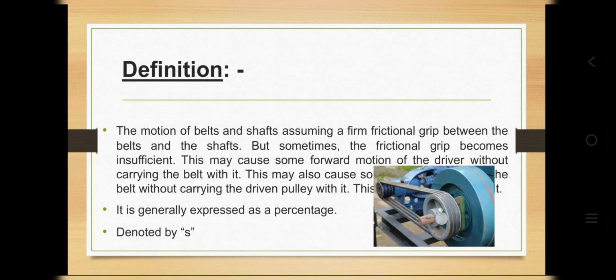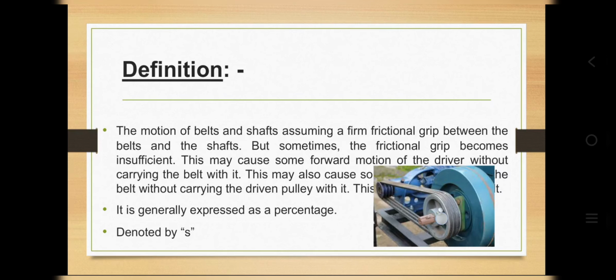The motion of belt and the shaft assuming a firm frictional grip between the belt and the shaft. But sometimes the frictional grip becomes insufficient. This may cause some forward motion of belt drive without carrying the belt with it.